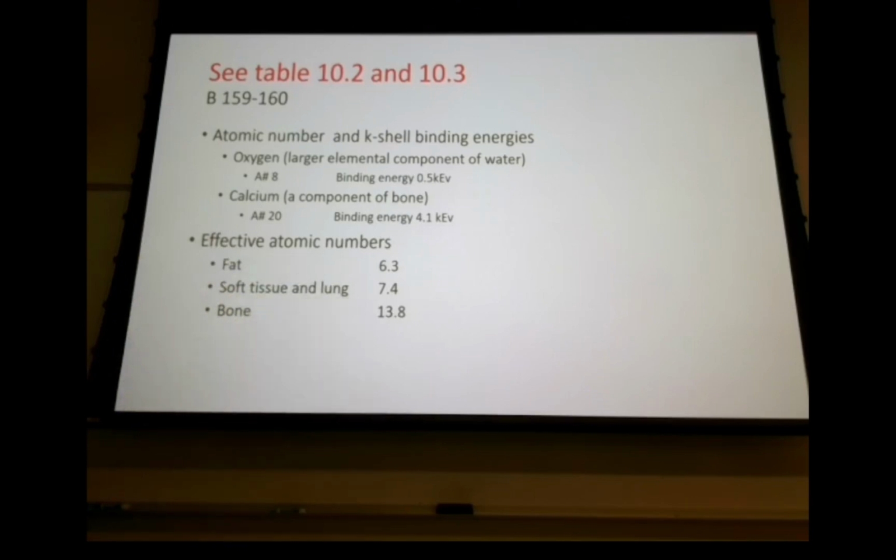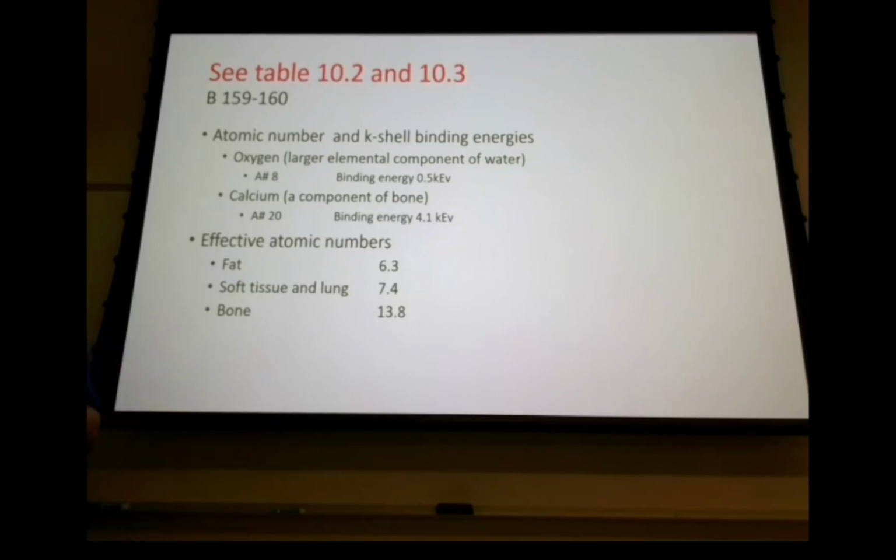So, our effective atomic numbers. You're going to get into this probably in rad bio, but we're also going to talk about it in imaging, right? Bone is not an element. You don't find it on the elemental table. You don't find fat on the elemental table either. So what we're talking about is effective atomic numbers.